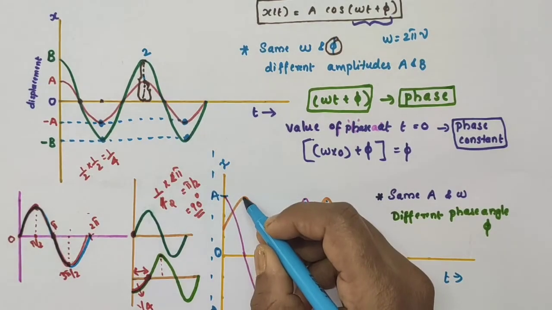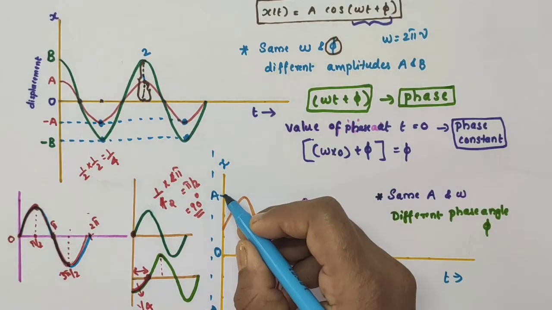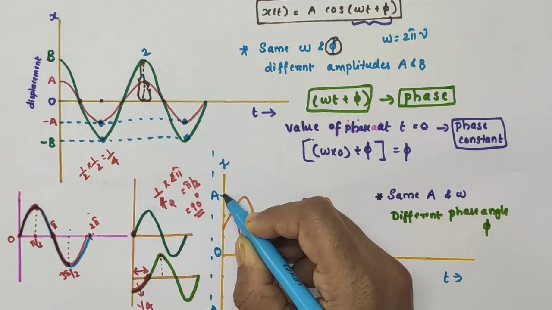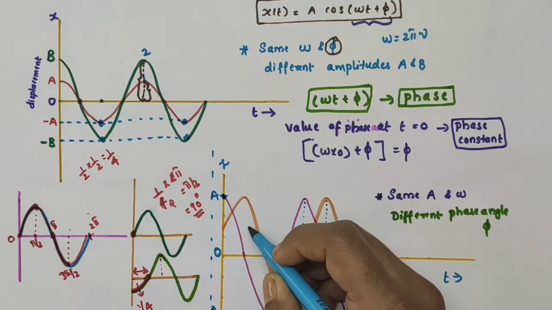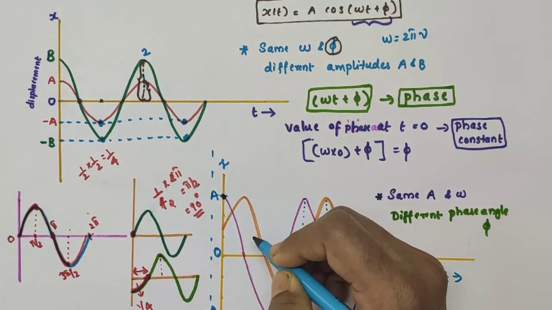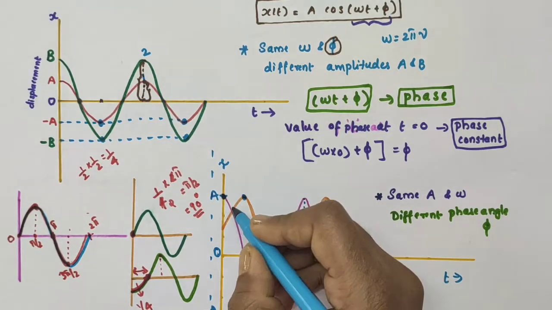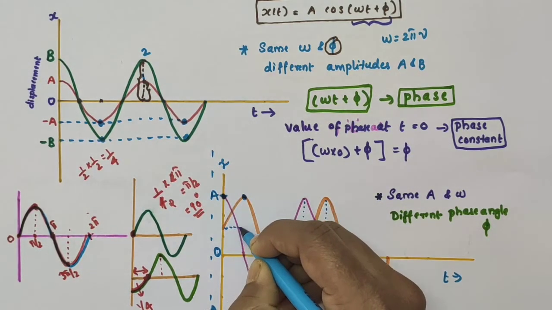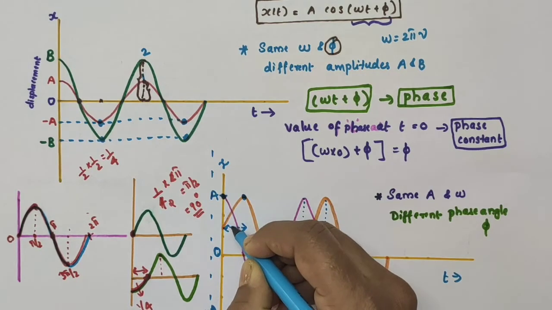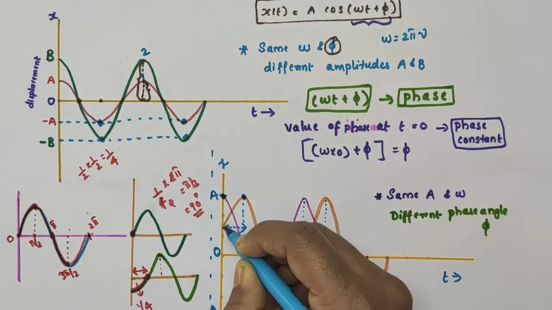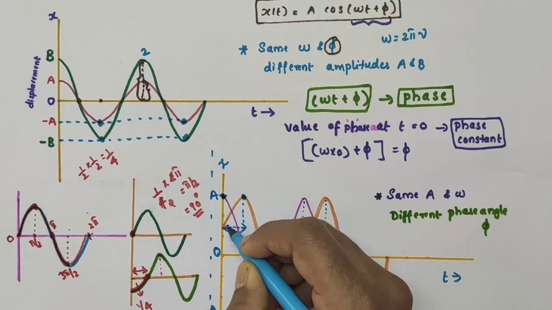See, for this pink colored wave, it has its maximum value where it starts from here. And for this orange colored wave, its maximum value is here. So you see, there is this much difference between them.